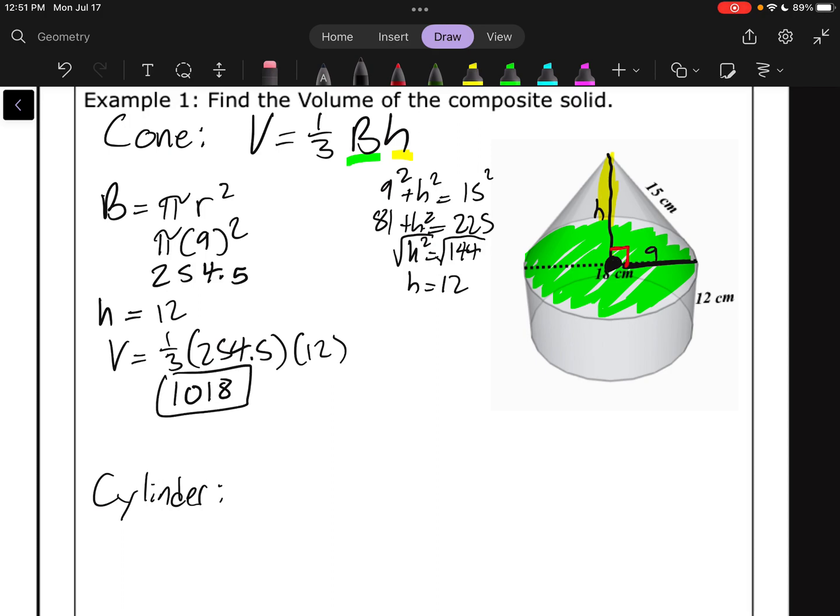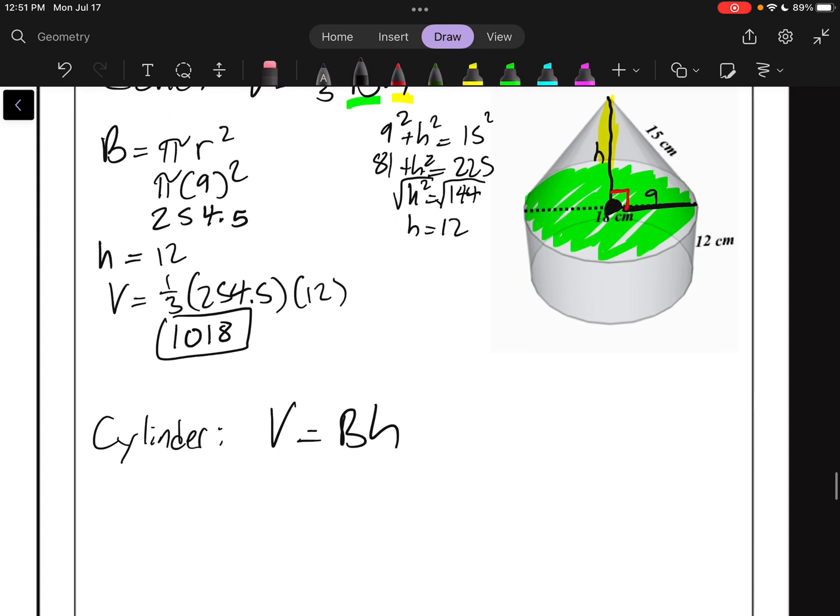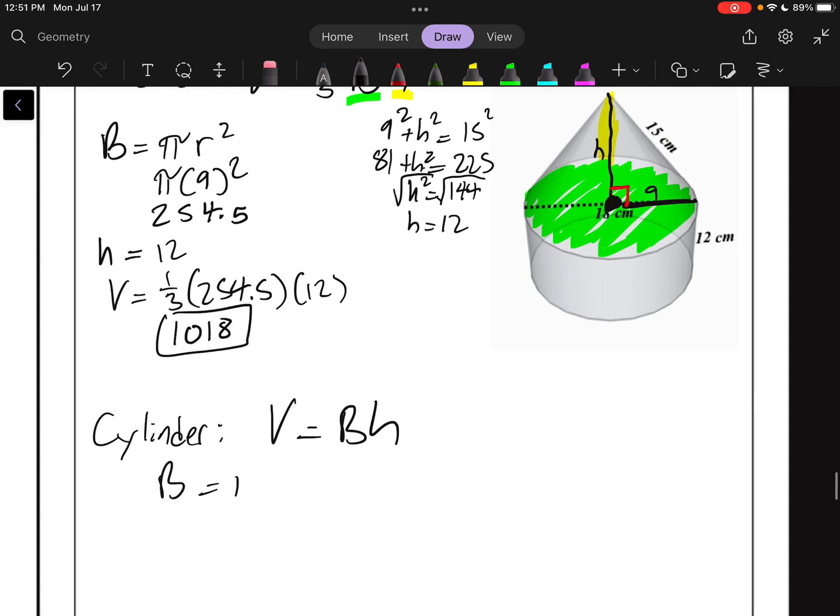All right, cylinder time. Cylinder formula is just big BH. Our big B should be the same as we had before because the base of the cylinder was the same as the base of the cone. So that's pi times 9 squared, which was 254.5.